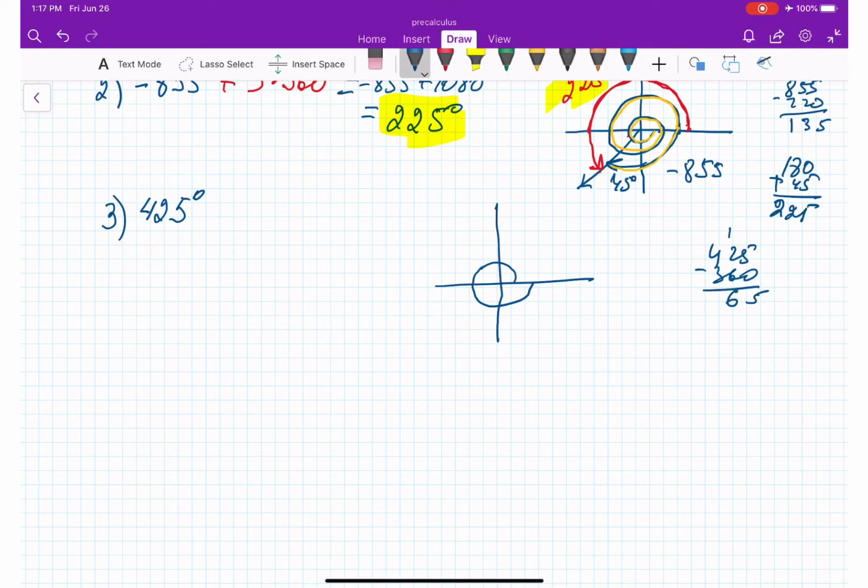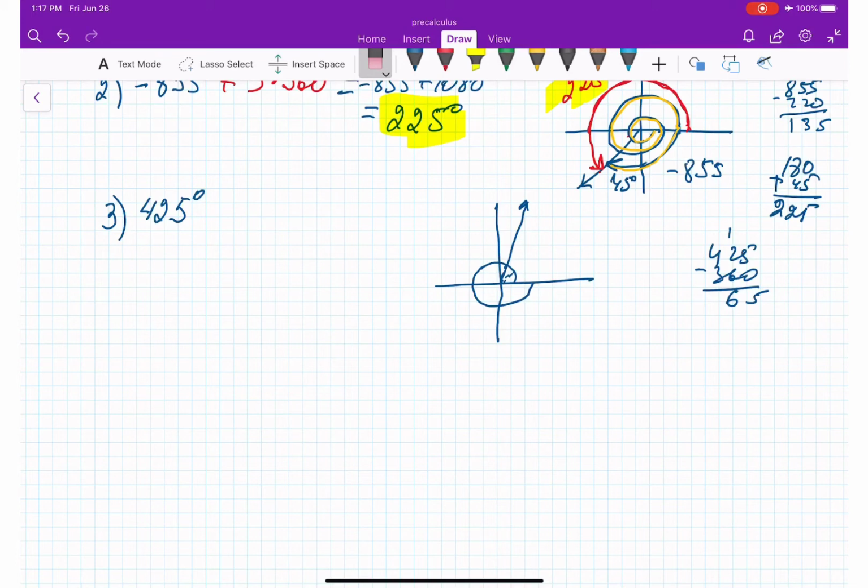So I have to go another 65 degrees, which means if I do this right in the middle, it's going to be 45. So if this is my 45 and another half of it also, approximately, it's going to give me my 425 degrees. Let me clean this.